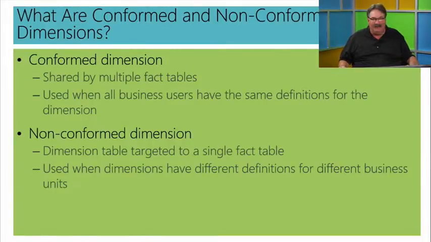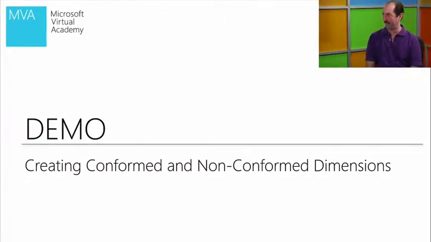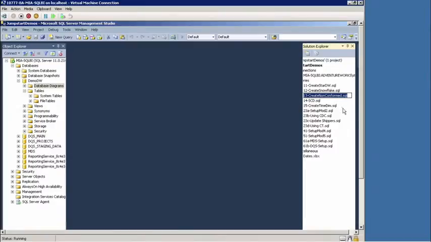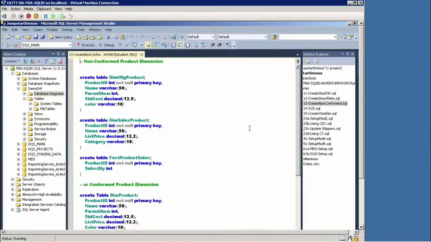And it looks like you have some stuff that you want to show us about these. Oh yeah, we've got a demo coming up here. So what I've done, if we can get over to, there we go. Let's see if I can actually get it up there. We have the script. So what I've done here is I've actually got two dimensions. I've got a manufacturing product dimension, which has a product ID, a name, a parent item, a standard cost, and a color.